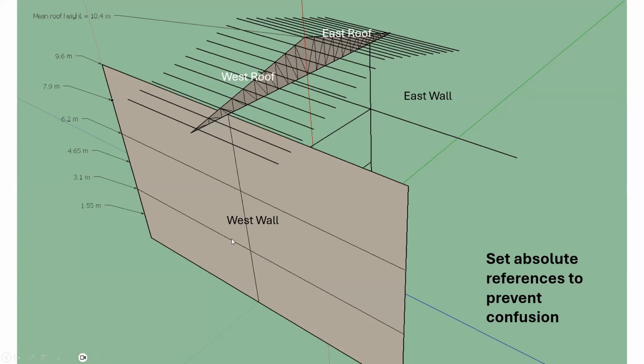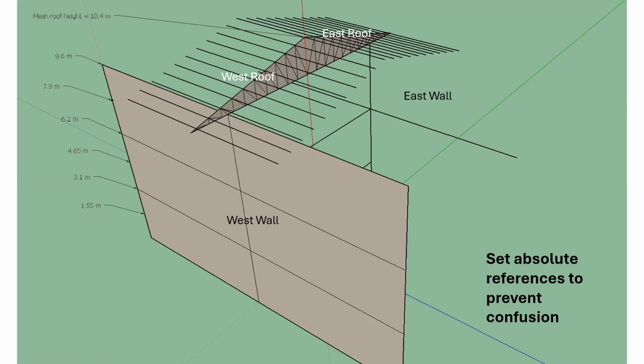So, we set absolute references to prevent confusion. So, instead na we refer every time depende dun sa directional procedure na windward na face, leeward na face, windward na wall, side na wall, it's best to refer dun sa absolute na reference.